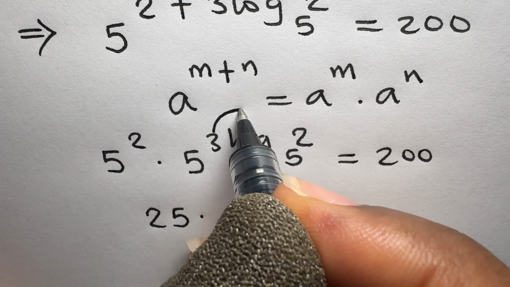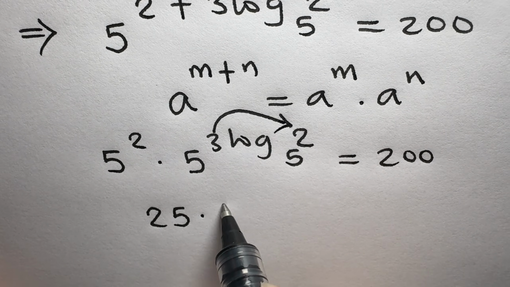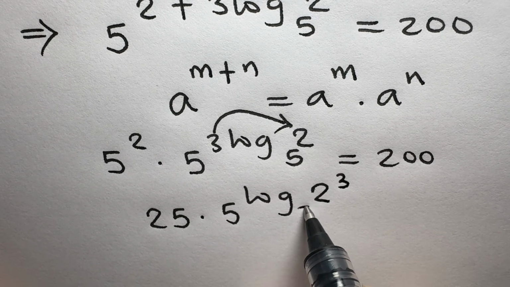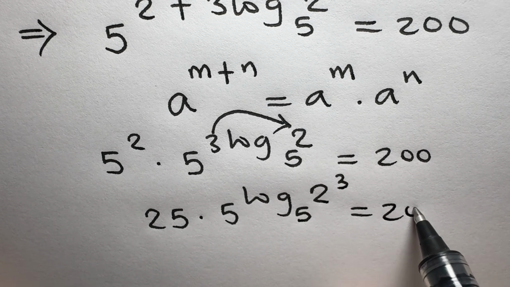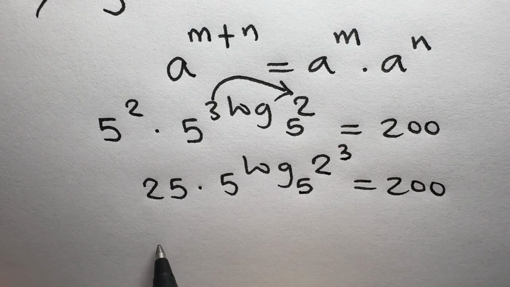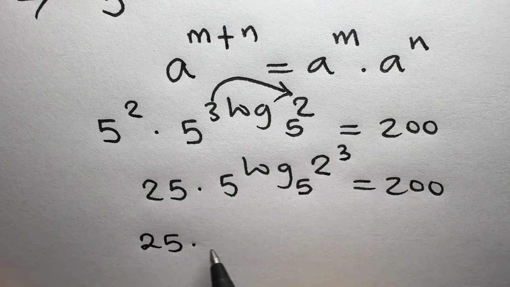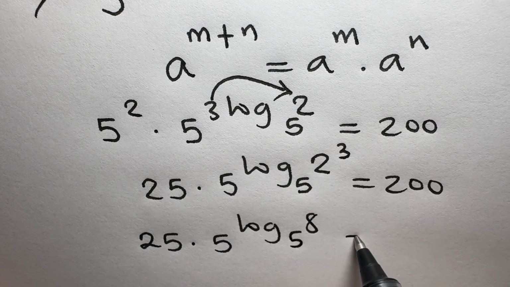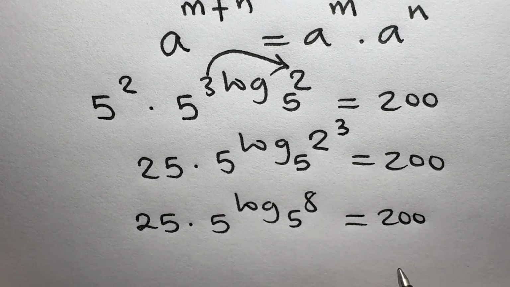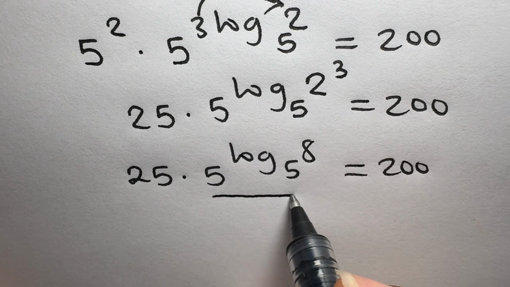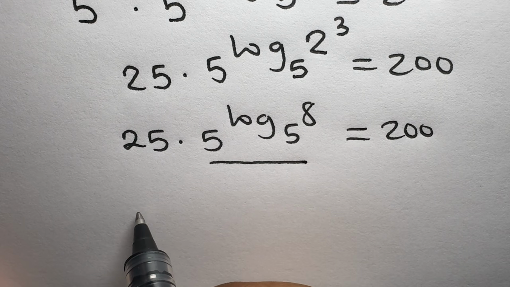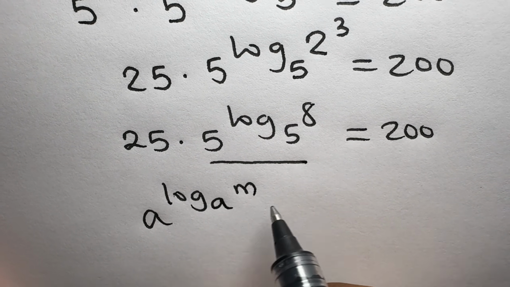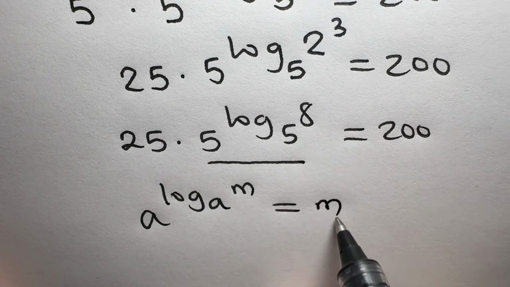Then I'm going to return this all the way here by law of logarithm. So I have 5 raised to power log 2^3 base 5 is equal to 200. This gives us 25 times 5 raised to power log 8 base 5 is equal to 200. Then this expression by law of logarithm is of the form a raised to power log m base a, which will give us m.